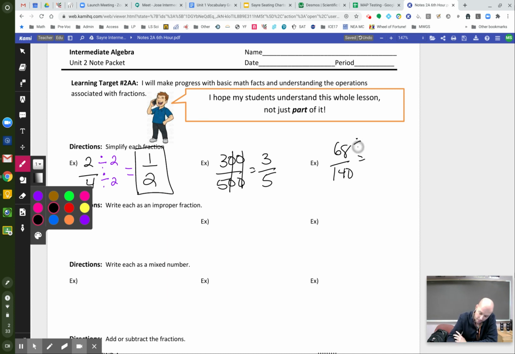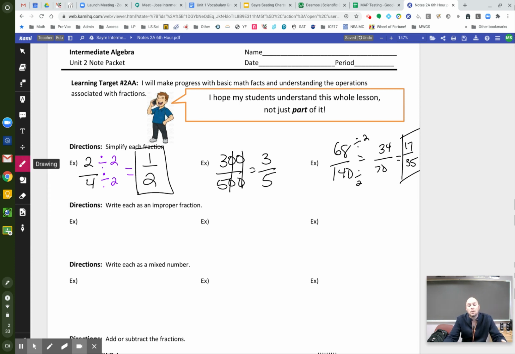So I'm going to divide this by 2 and this by 2, and I'm going to get 34 over 70. Now I'm going to look at that and be like, hey, look, I can still divide both of those by 2. So I'm going to divide by 2 one more time. I'm going to get 17 over 35. And you can look for numbers that you can divide those by. I'll tell you for these two, there aren't any other numbers, so you're good to go. You can just do 17 over 35.